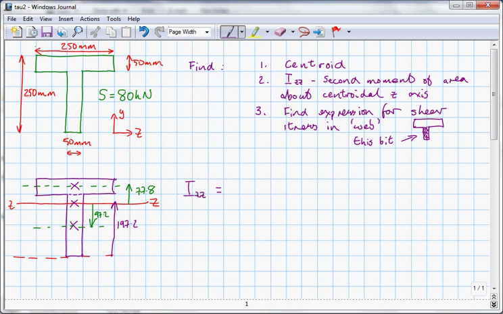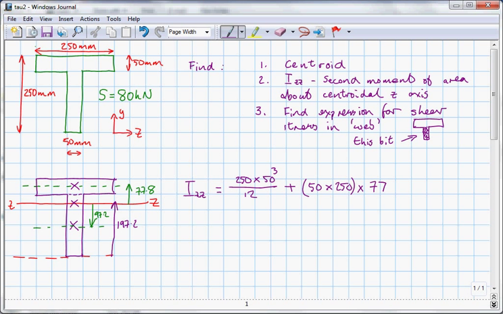So that's B, which is equal to 250 millimeters, times D. So D is always the distance which is perpendicular to the axis that you're interested in, cubed over 12, plus the parallel axis term, which is equal to the area of the shape, so that's 50 times 250 times the distance between the two axes squared. So in that case this is 77.8 millimeters, because that's how far the centroidal axis of the top rectangle is away from the global centroidal axis.